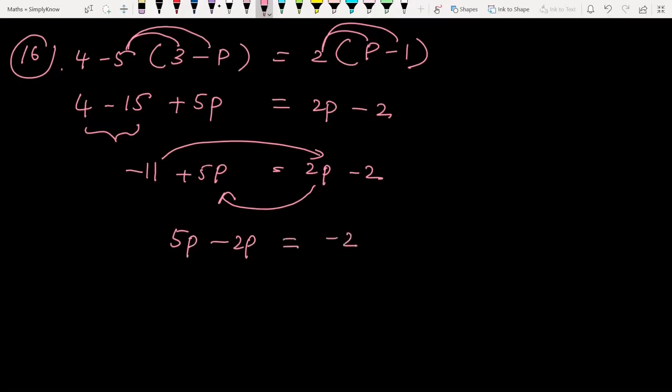When minus 11 goes to the other side, it will become plus 11. So when we simplify these two, 5p minus 2p is 3p. 3p equals minus 2 plus 11 is plus 9. So p is 9 over 3, which is 3. P equals 3.